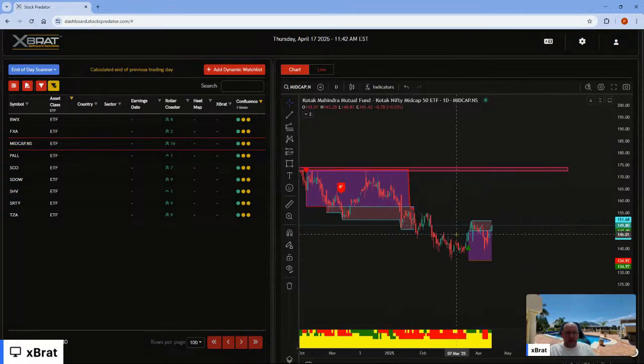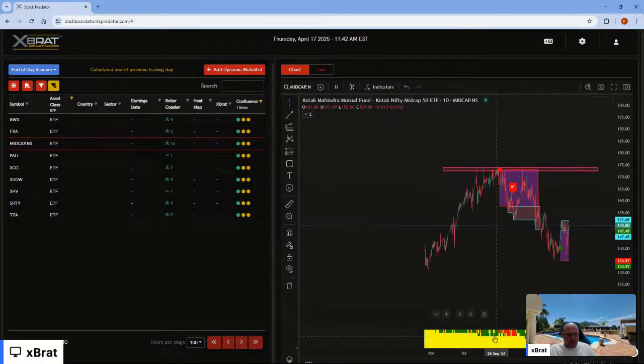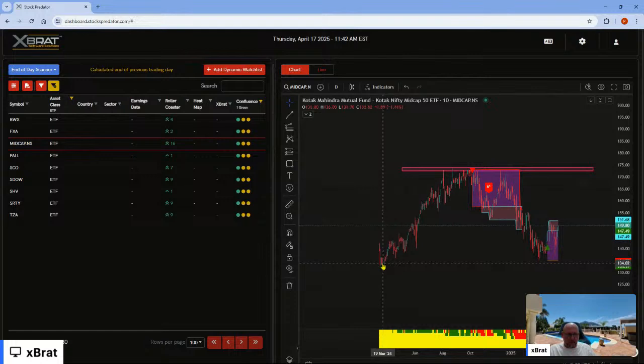So right now it's a slow burner in that we've only got one green, purely because we've not got a lot of confirmation on this. It's quite a new ETF, and this is why this is not all green, because it can't look far enough back. This is only launched a year ago, okay?